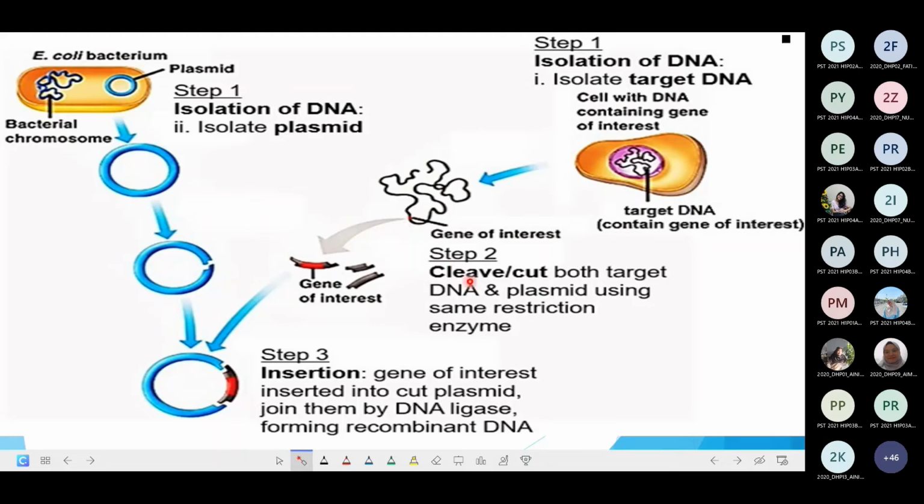Okay, step number 2 will be cut or cleave. Okay, in which we need to have this gene of interest. So we need to cut this long DNA molecule, and we can cut using the tool number 3. Okay, this is tool number 1, the target DNA. This will be tool number 2, the cloning vector.